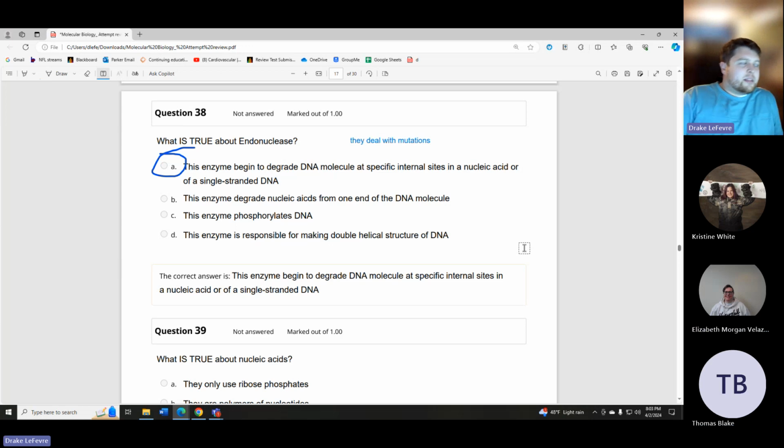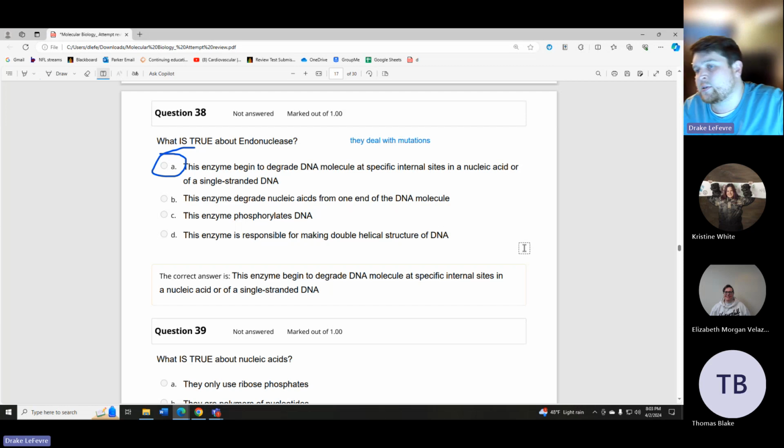So something like an endo and exonuclease, it depends on the type of mutation and when it discovers that there's a mutation. Let's say it's building DNA and it has a single point mutation and keeps on going. An endonuclease would recognize that, come in, snip out that bad base pair, and help put in the correct one.